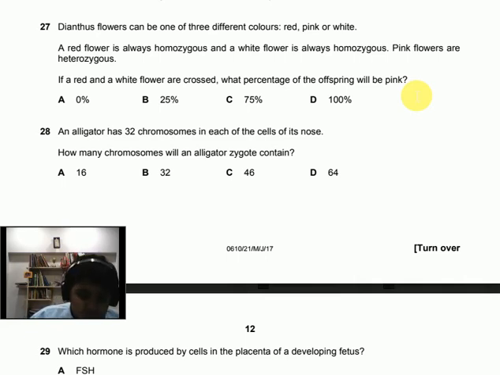This is because PR PW would mean that it's heterozygous, and if a homozygous red and a homozygous white breed together, there is a 100% chance that there would be an offspring that is pink. So your answer to question number 27 is D, 100%.